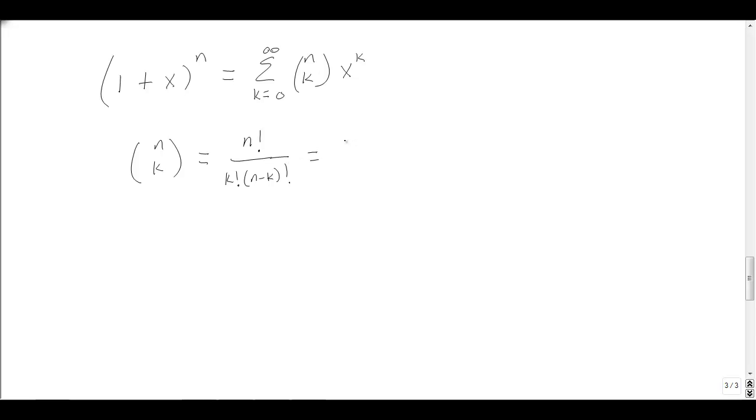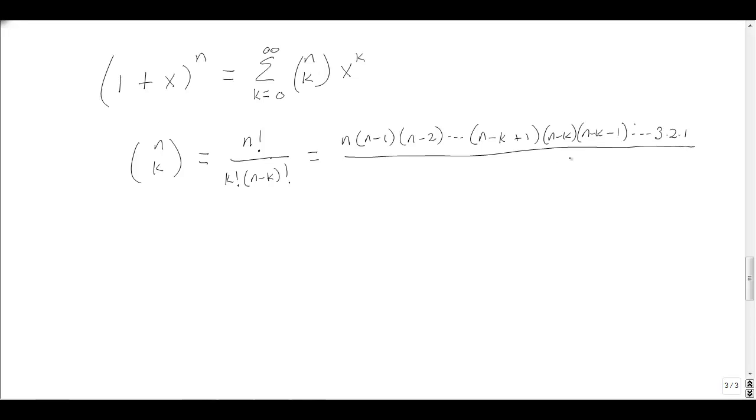What we're going to do instead is take the n factorial, that is n times (n minus 1) times (n minus 2). Eventually you're going to get down to an (n minus k plus 1), and then an (n minus k), and then an (n minus k minus 1), and keep going, eventually 3 times 2 times 1. I'm just doing n down to 1. I'm putting this n minus k business in here to cancel something out.